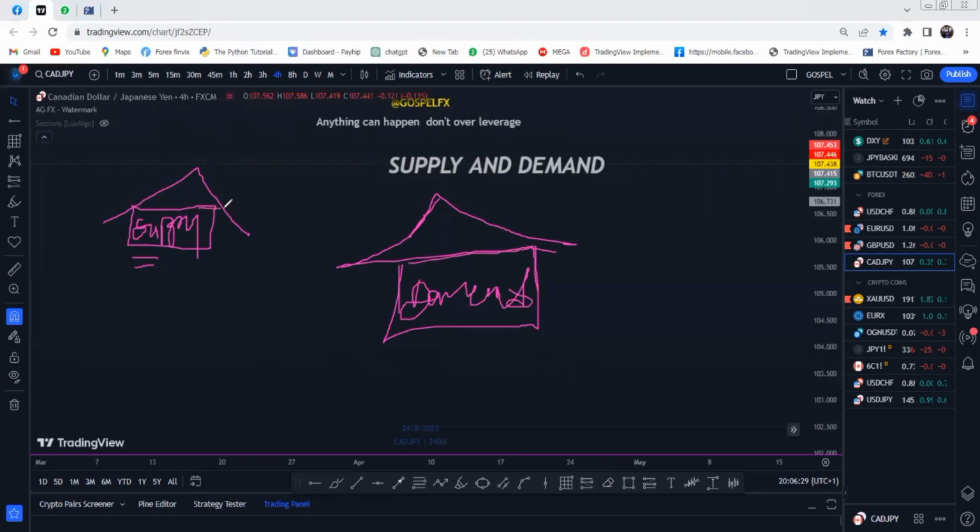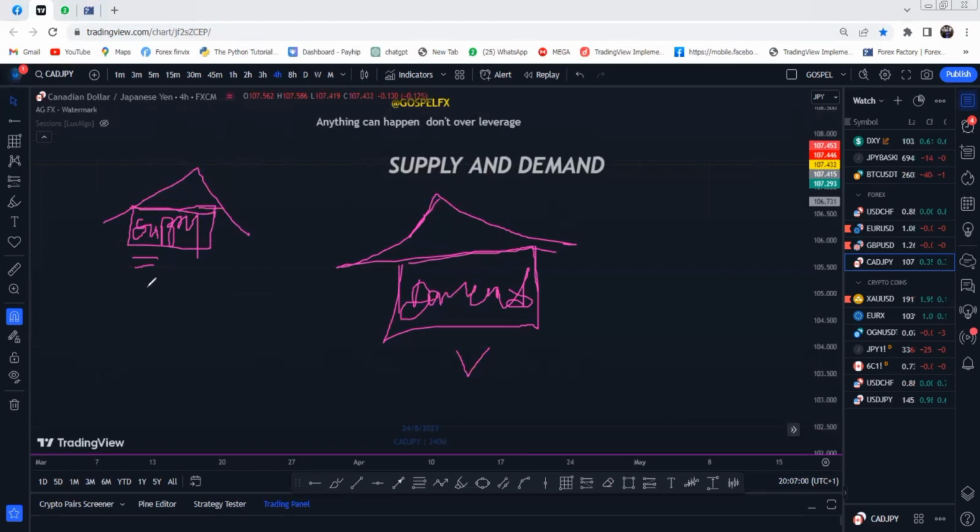Now, if you notice the way I've drawn the two houses, you will notice that the demand house is bigger than this one. Now, let's say we are in a battle, and the inhabitants of the demand want to fight those of the supply. Just with the structure of this, you understand that these people are likely going to win the battle, right? Because they're actually more than the supply.